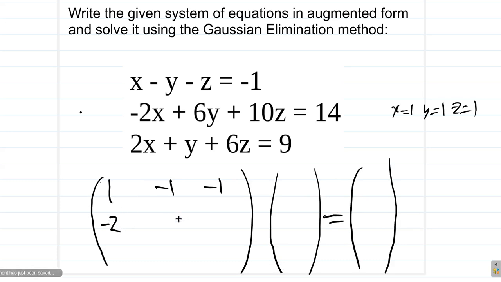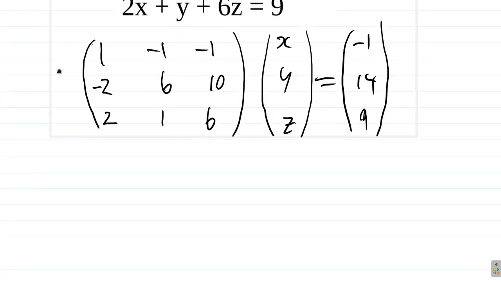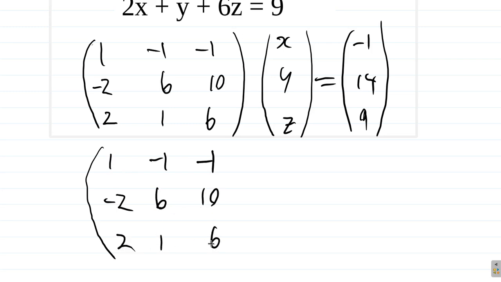This is negative 2, 6, 10, 2, 1, 6. You have x, y, z equal negative 1, 14, 9. Then you can skip out the xyz part when you write it as an augmented matrix. 1, negative 1, negative 1, negative 2, 6, 10, 2, 1, 6. Vertical line, negative 1, 14, 9. There you go.